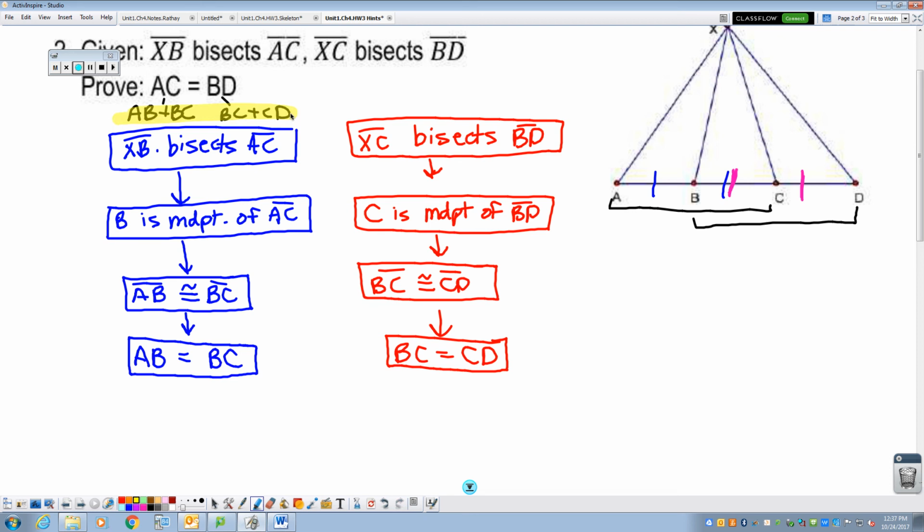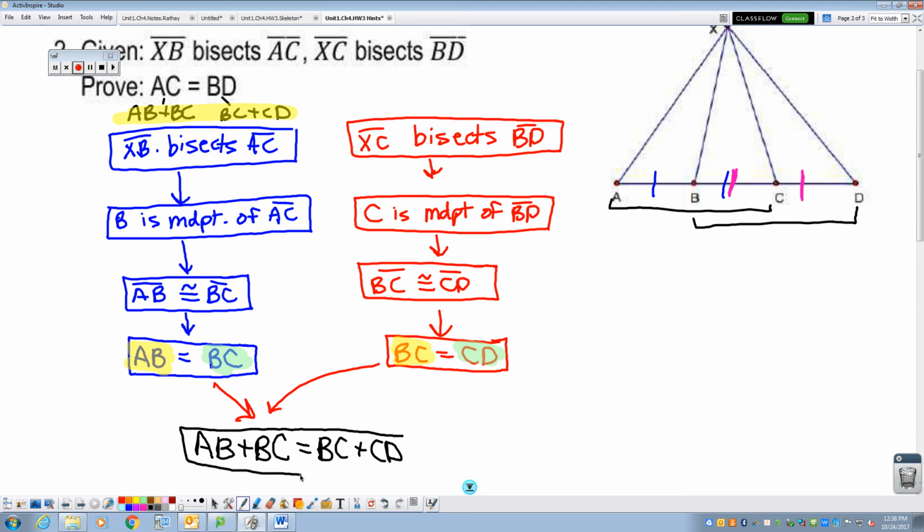Our goal is to get that AB plus BC equals BC plus CD. Well, if we look at the left, AB plus BC, and BC plus CD, if we add these equations together, we're going to get AB plus BC equals BC plus CD.